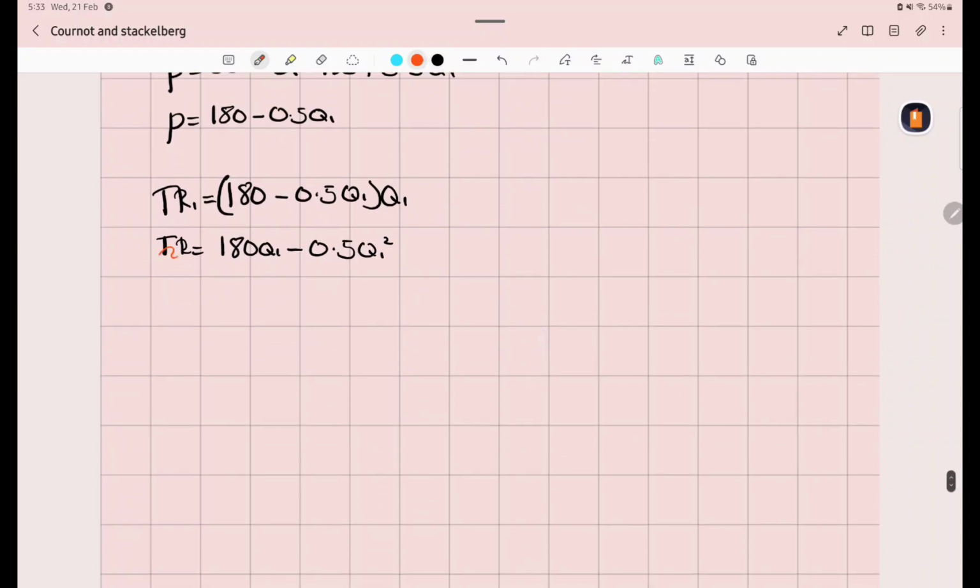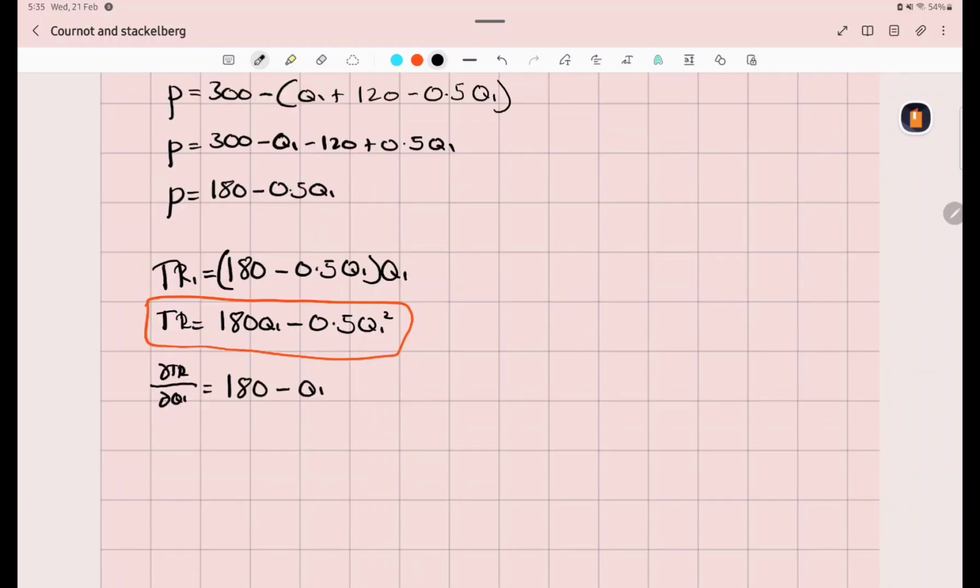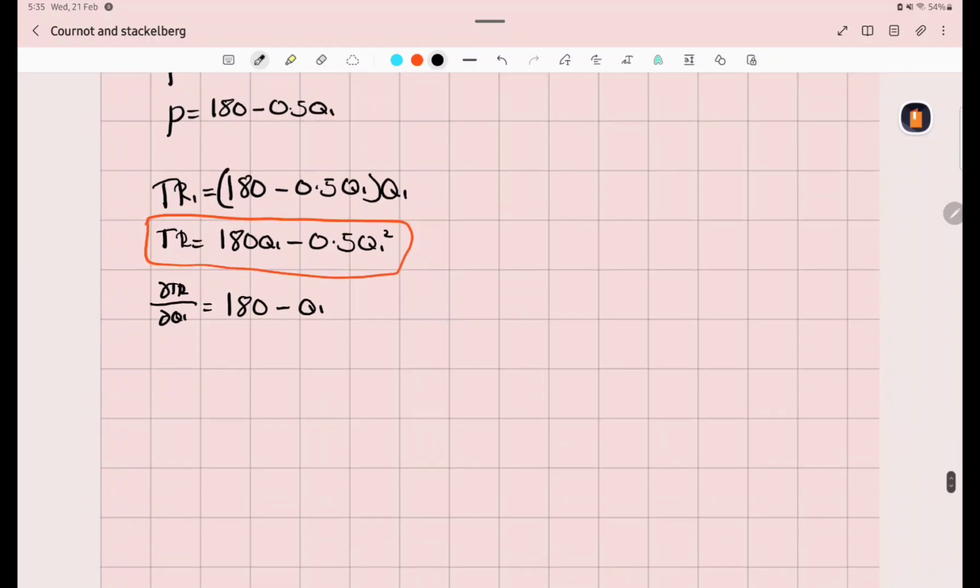That is your total revenue function. Taking the first derivative, first order conditions, which is the partial derivative with respect to Q1, you get 180 minus Q1. And so that's their marginal revenue function.